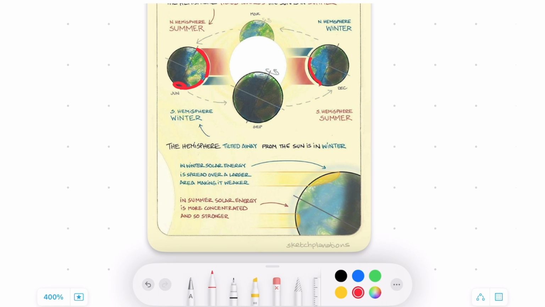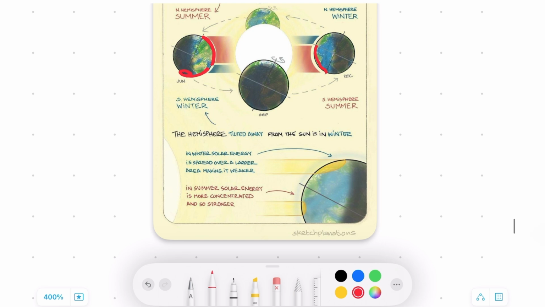If the tilt had not been there, let's imagine the tilt was not there, then half of the Earth would receive sunlight at all times, right? And the other half would be in dark. But as the Earth revolved, at any given time half of the Earth would be receiving sunlight and half of the Earth wouldn't. As the day passed, in the cycle of a day, everyone would get the same amount of heat, and there would be no temperature difference along different surfaces or different regions of the Earth.